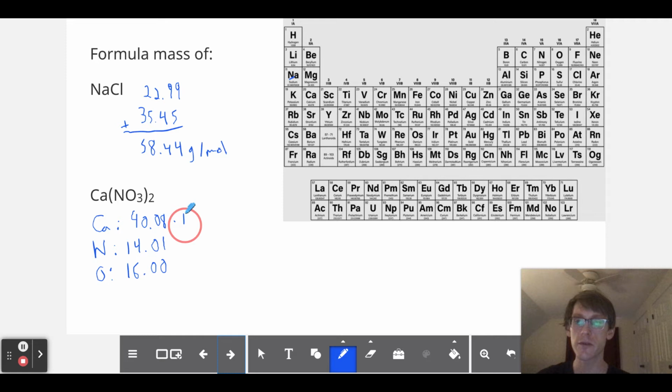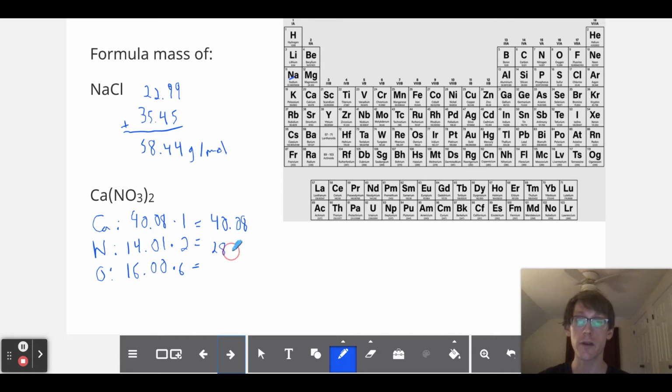So calcium, there's only one atom in the formula. For nitrogen, since the nitrate is in parentheses, we're going to say there's 2 nitrogens. And for oxygen, each nitrate has 3 oxygens. 3 times the 2 nitrates that there are gives us 6 oxygens. And so if we multiply them out, what we get is, for calcium, still our 40.08 grams per mole of calcium nitrate.